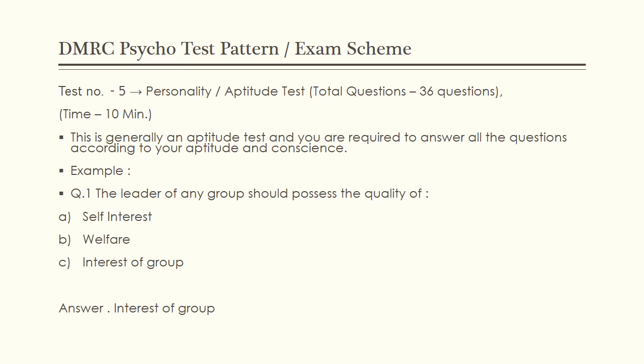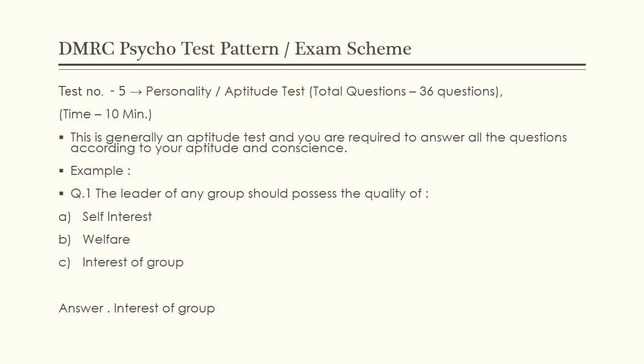That means you have to put the answer which comes to your mind as soon as possible. Don't worry or think too long about a question, because the time limit is just 10 minutes for 36 questions.